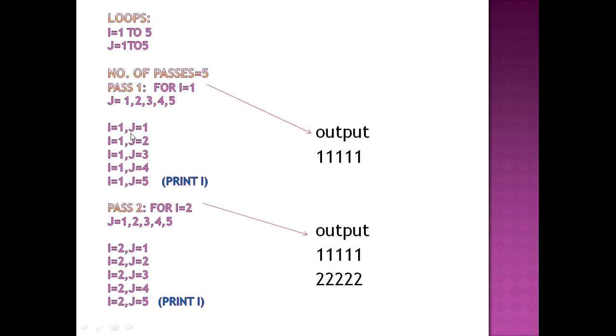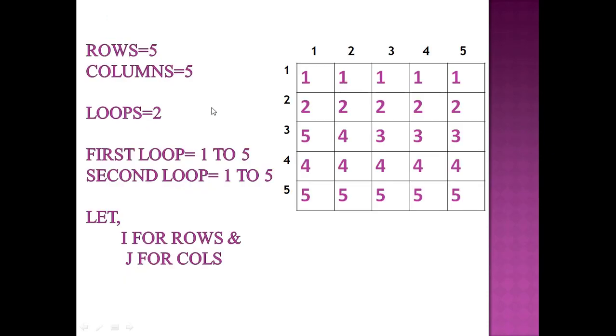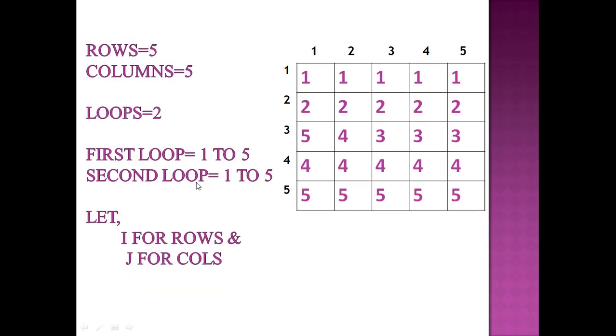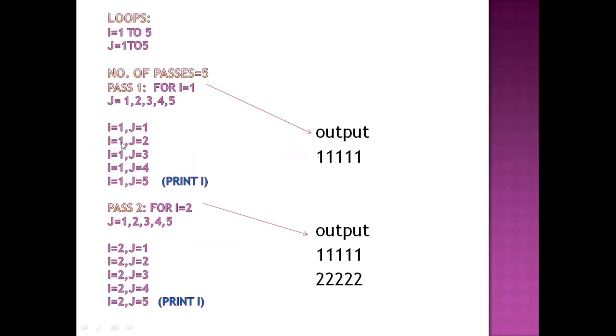So i is equal to 1, j is equal to 1. What will be printed here? i. And just like this, when i is equal to 1, j is equal to 2, what should be printed there? i. So what is the value of i? i is 1. So the output for pass 1 will be 1 1 1 1 1, that is 5 times 1.